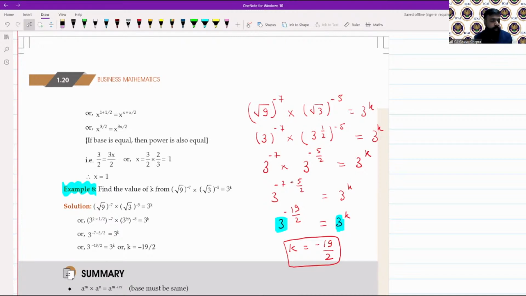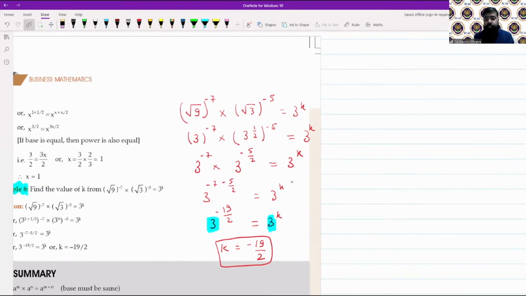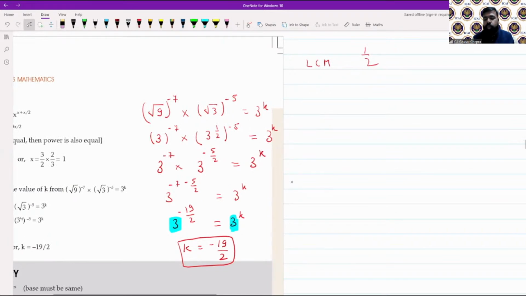Sindhu is asking if it is possible to calculate the LCM in the calculator. Okay. See, whenever we are talking about LCM, you have to calculate it orally. Like in some previous question, it was like 1 by 2 or 1 by 3. So in the denominator, we are having 2 and 3.